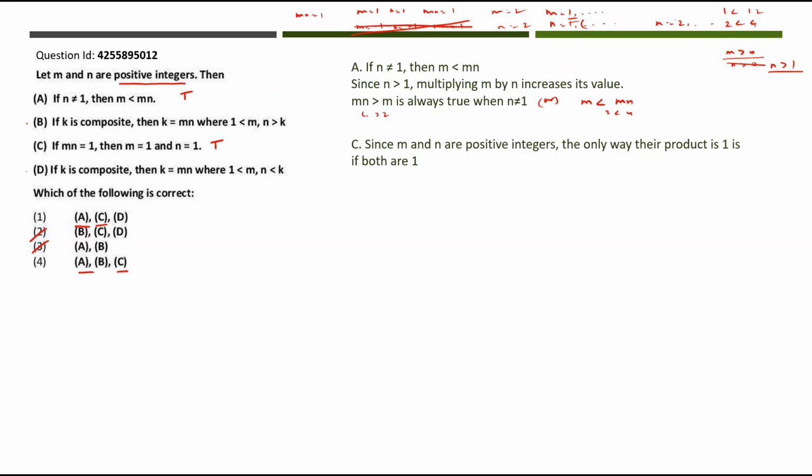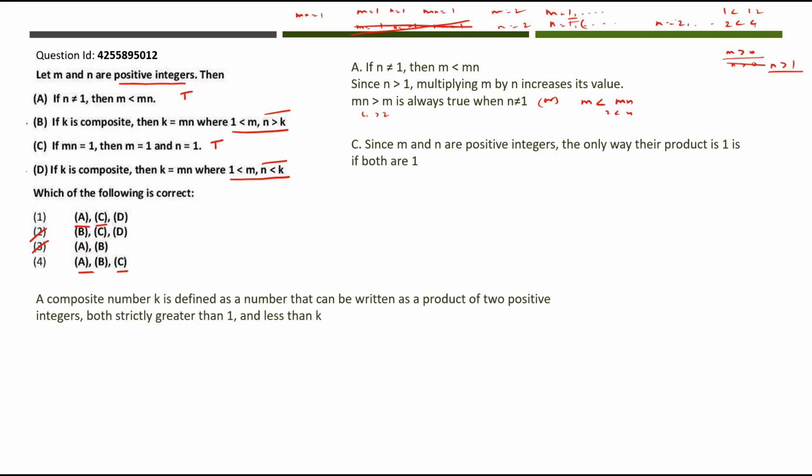If k is composite, then k is equal to m into n, where 1 less than m, n greater than k. When you take D, if k is composite, then k is equal to m into n, where 1 is less than m, n is less than k. So this particular criterion alone is changed in both the statements, and we have to find the right one, and only one can be right.